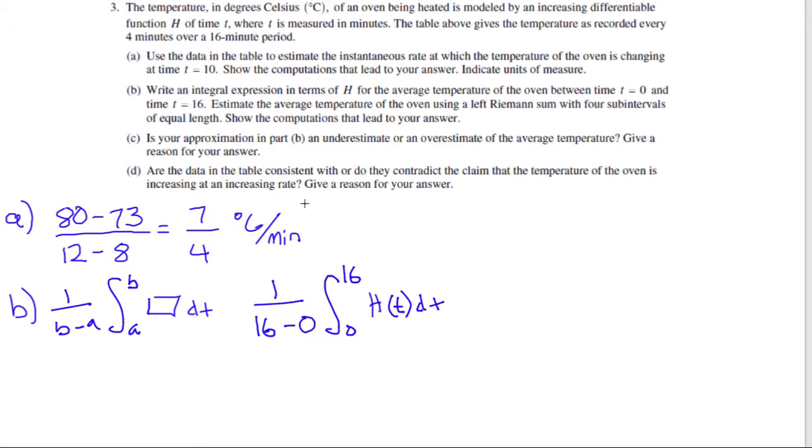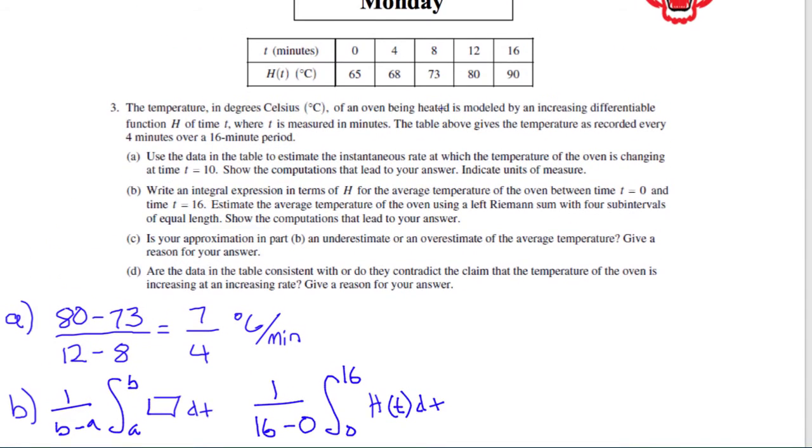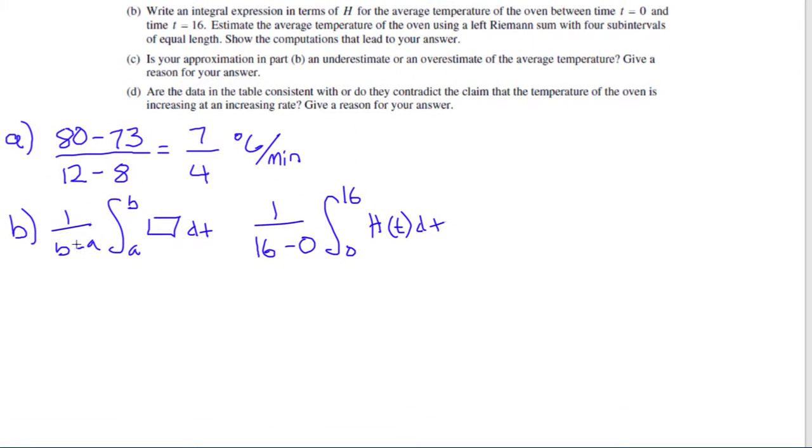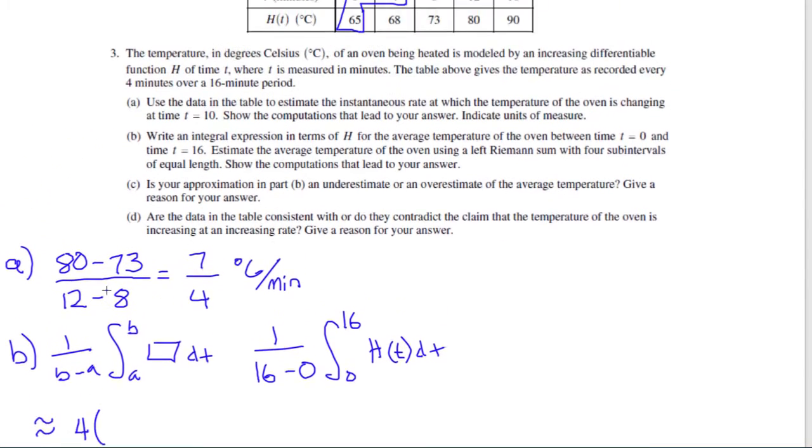Cool, and now we need to actually estimate this integral using a left Riemann sum with 4 intervals. Left Riemann sum means that we have a tail that comes out on the left. Each of these goes up by 4, which is really nice, which means we can do a shortcut. So I'm going to do 4 minus 0, which is 4, times 65. We're approximating, and I'm going to factor out the 4 from everything.